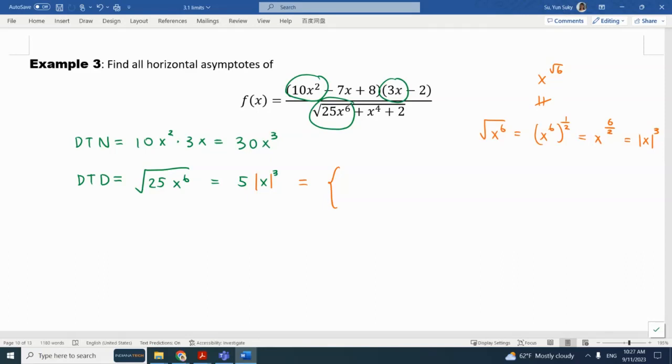Right, everybody? Yes, the nth roots. Okay. So because it's absolute value, we need to break it. So how do we break it? If x is greater than or equal to 0, the absolute value of x is just x. Right, everybody? We just get 5x cubed. But if x is negative, what do we get?